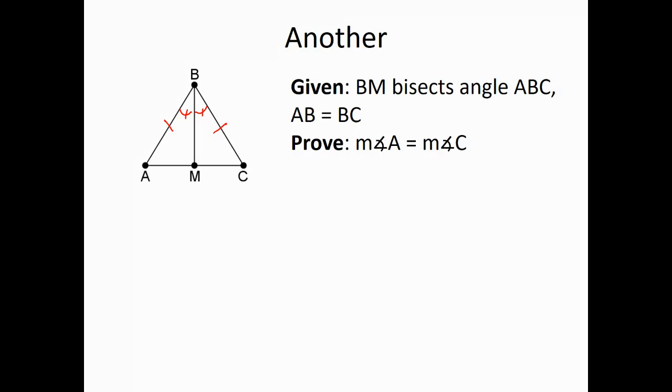Okay. Now, how will we actually prove that triangle ABM is congruent to triangle CBM? Well, we have a pair of equal sides, we have a pair of equal angles. We also need another pair of equal sides, but notice that we get that as it were automatically because we don't even have a pair of equal sides, rather we have a side in common.